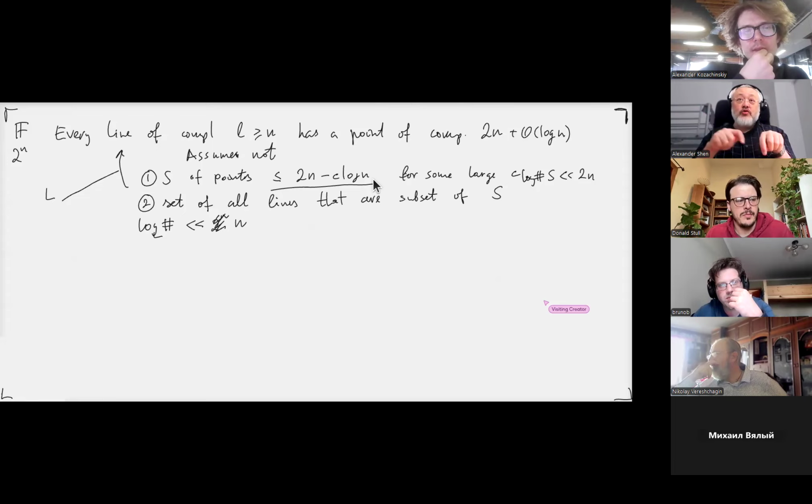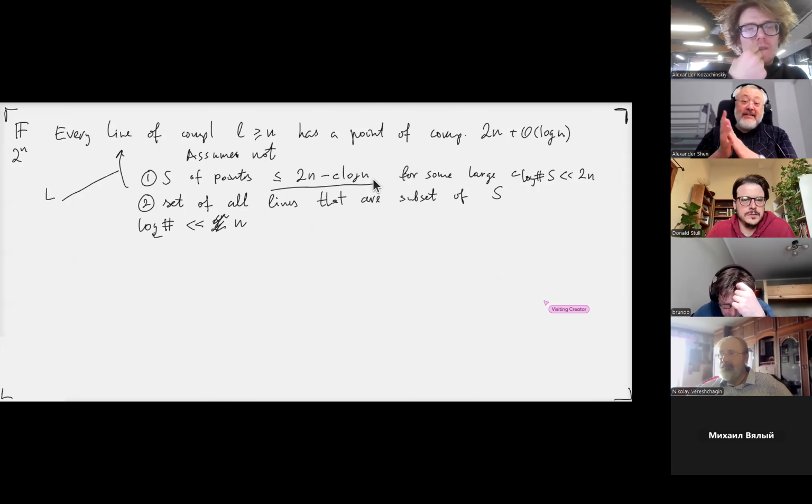We need to ensure that every point has small complexity, and this is an enumerable property. So there are few lines, and each of them has small complexity. This is the scheme.